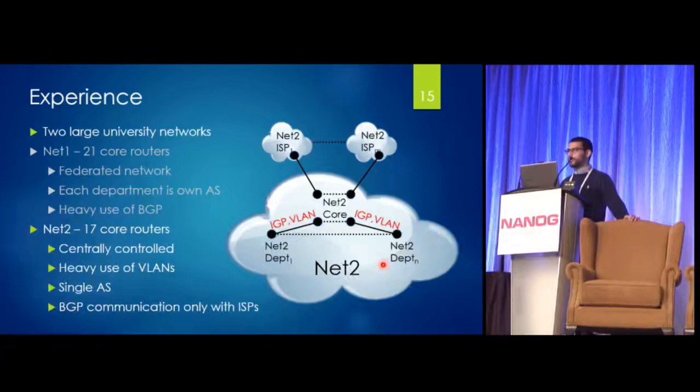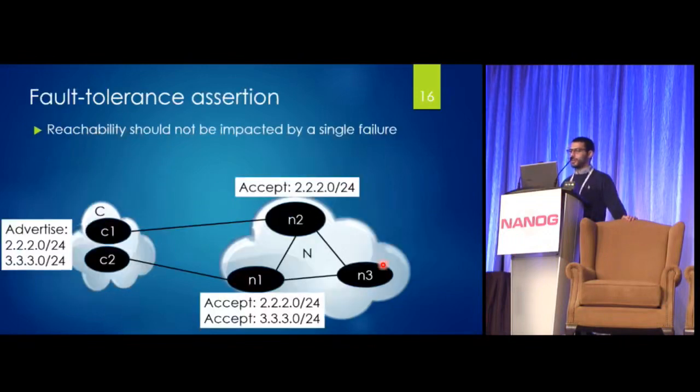On these 2 networks, we tested a variety of forwarding plane properties, 2 of which I'll discuss. The first one was multipath consistency, which I've shown you earlier. And the second one is a check about fault tolerance. So we want to see whether reachability will be impacted by the failure of any single link in the network. If you look at this network below, on the left there's a customer that is advertising two routes, 2.2.2.0 and 3.3.3.0.